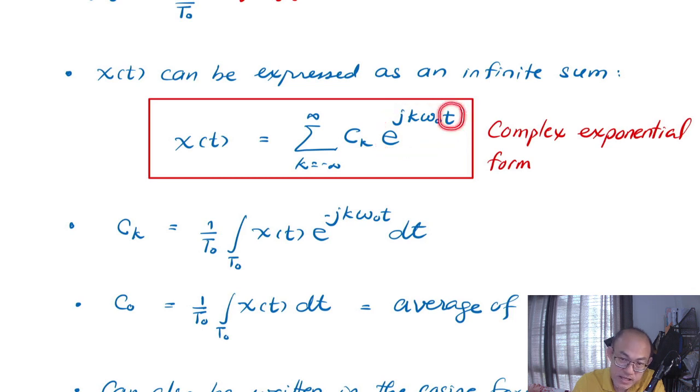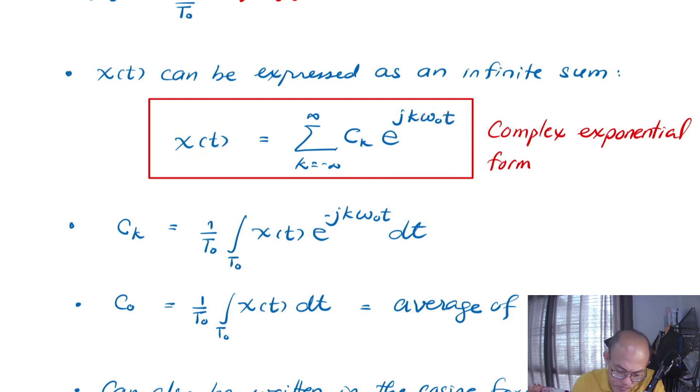The t here is the variable, everything else is a constant. For example, j refers to the square root of -1, the imaginary number. k is a summation index, and omega 0 is the angular frequency of x.